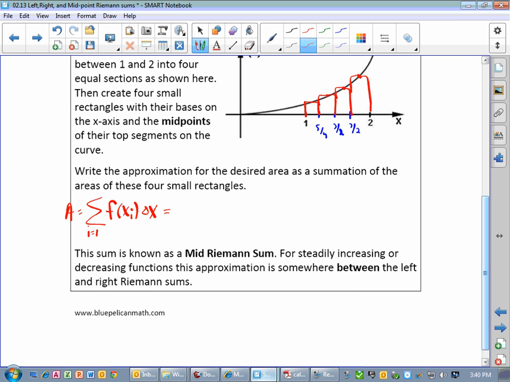No, they're still 1/4 across, so we still have a base of 1/4. But now to get our height, we're going to find that mid x value. So f of, and our first x value was 1 plus 5/4 divided by 2. That's what gave us the 9/8. So 1 plus 5/4 divided by 2.